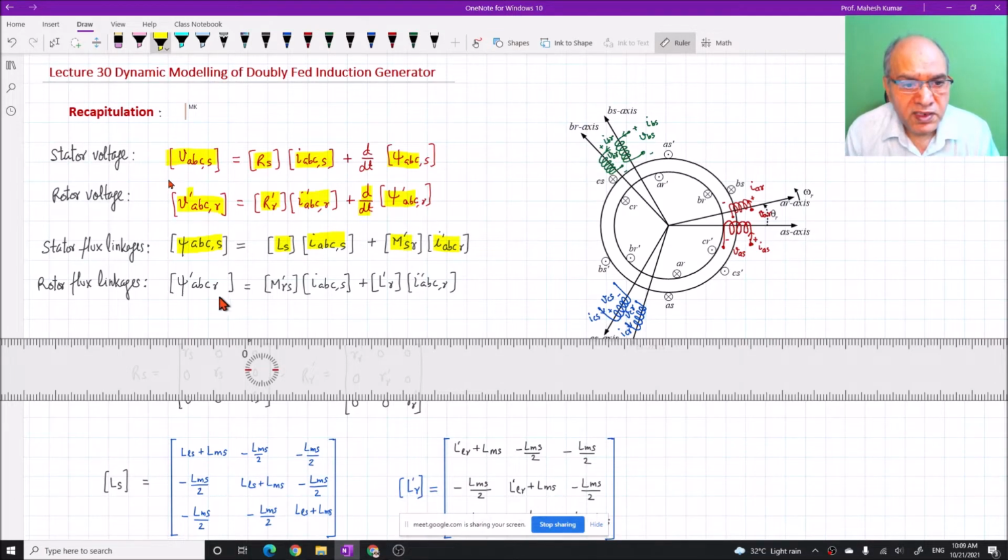In a similar way we have written psi_abc,r prime equals M_rs prime.